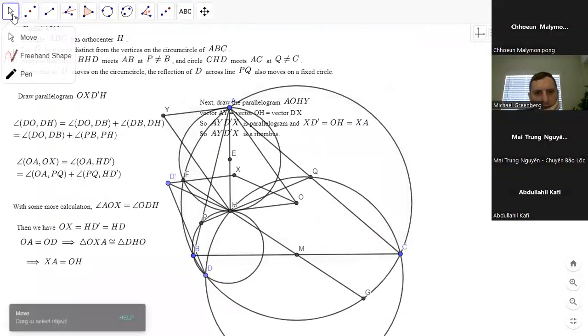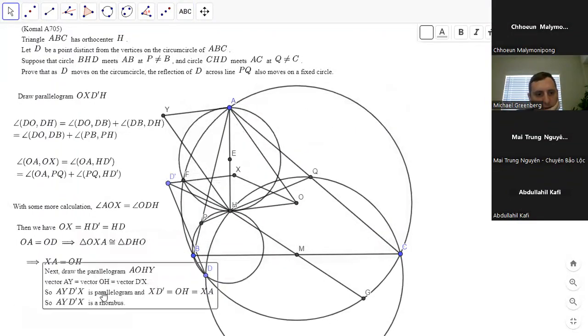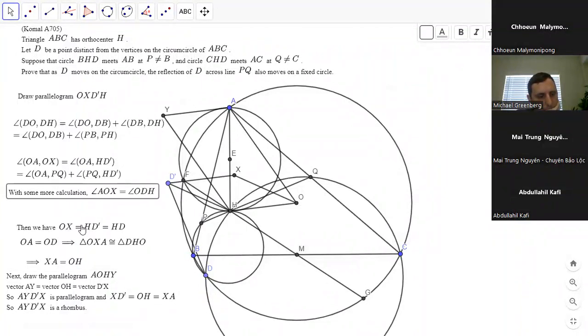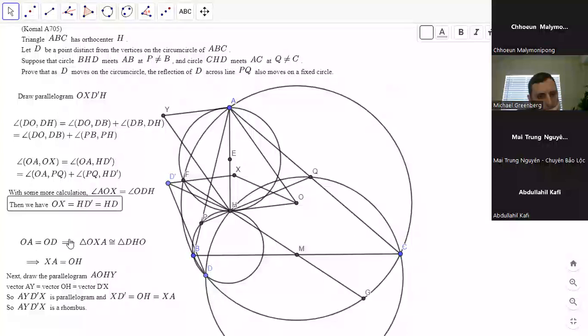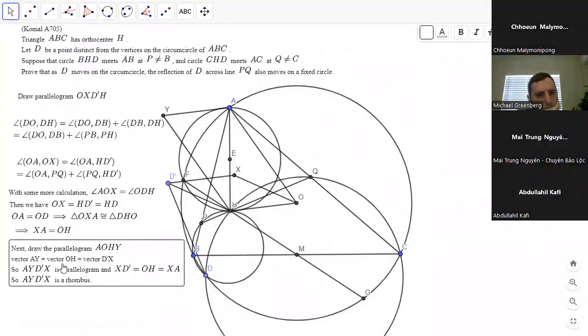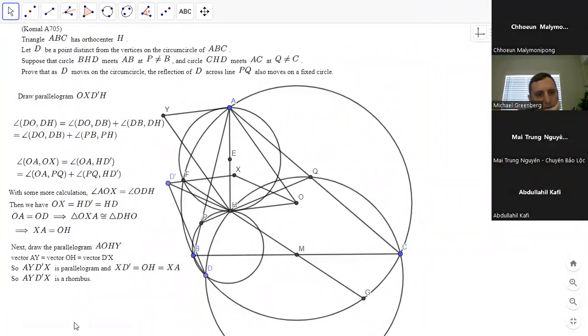Okay, so Y is fixed because that's a rhombus. So okay, we can exactly describe a circle.